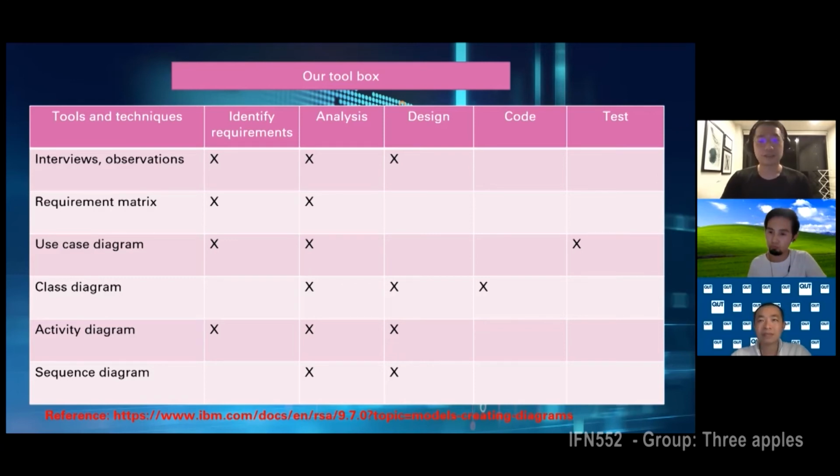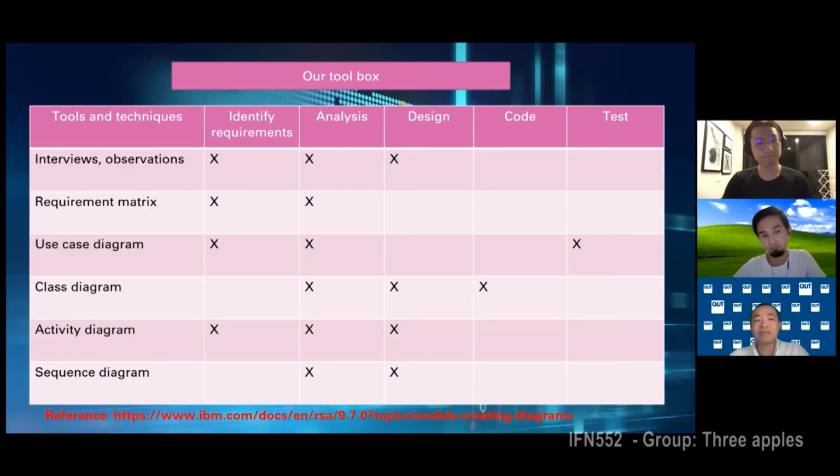And the class diagram can be used in analysis, design, and coding. You can use this diagram to visualize, specify, and document the structural features in your model, and also illustrate the structure of the model by using attributes, operations, and some signals.